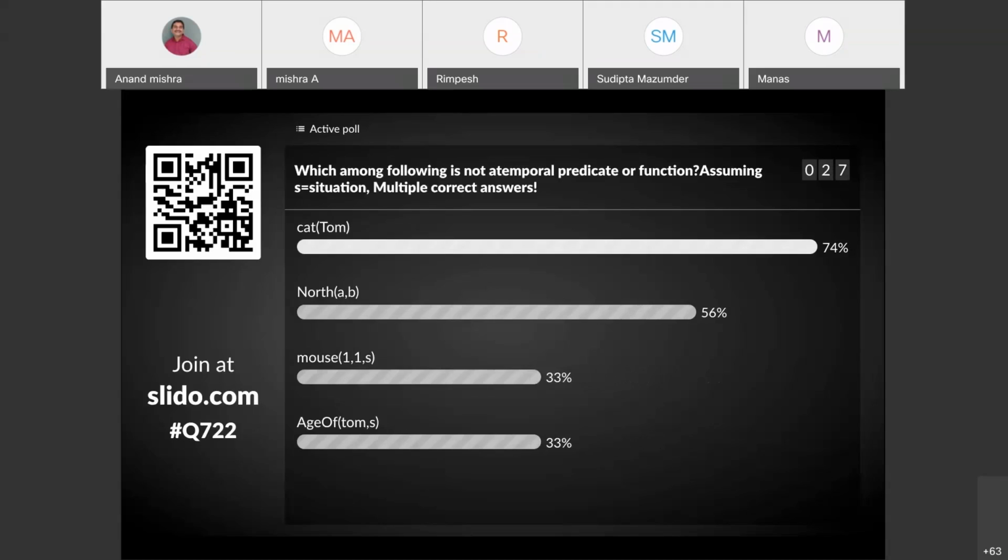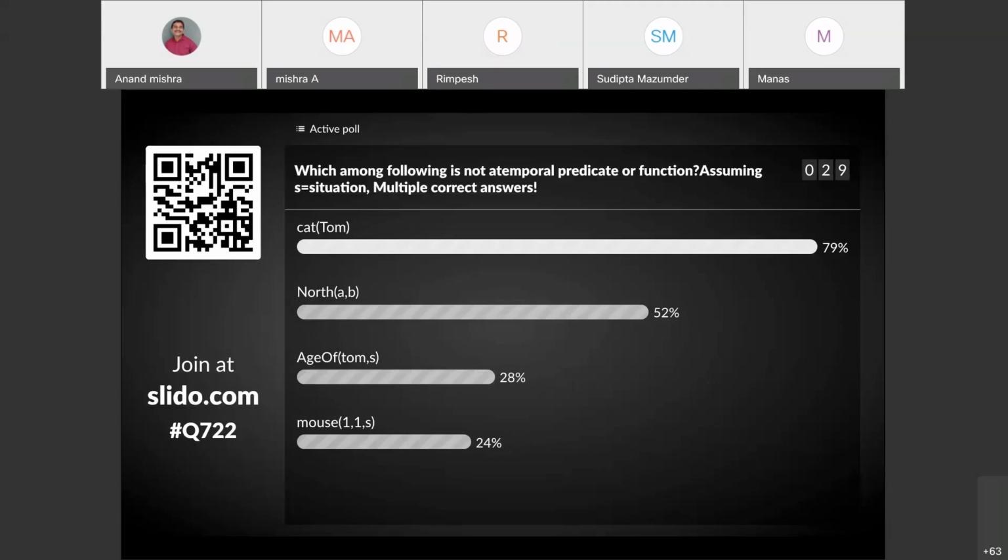So what is the correct answer here? Tom is a cat, that is atemporal. A is north to B, that is also atemporal.